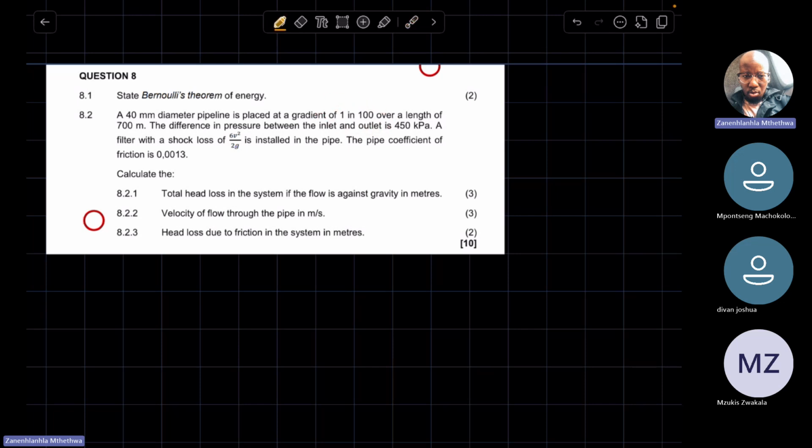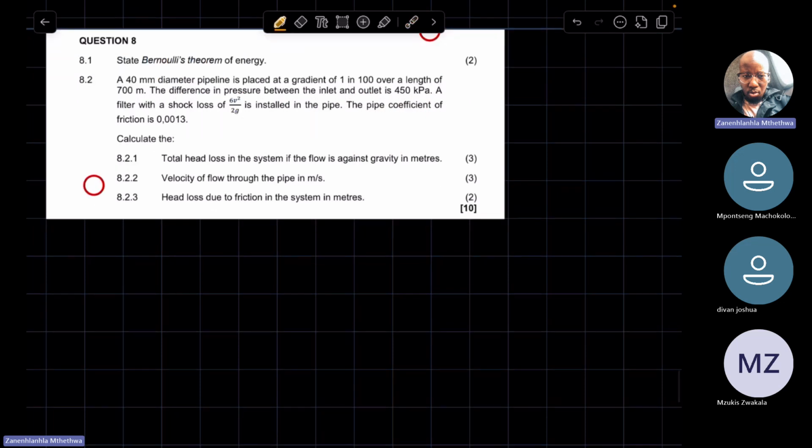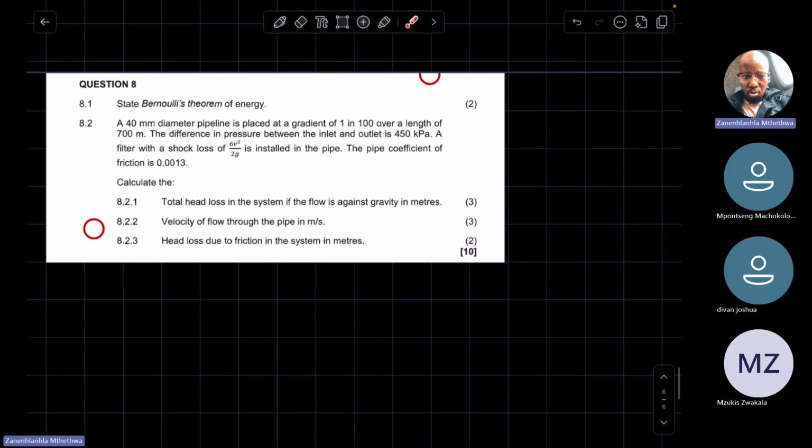Seeing that we've been given the gradient here, it means the pipe is laid at an angle. And based on how the pipe is laid, the pressure difference between the inlet and the outlet is 450 kilopascals. Now, what does it tell us?